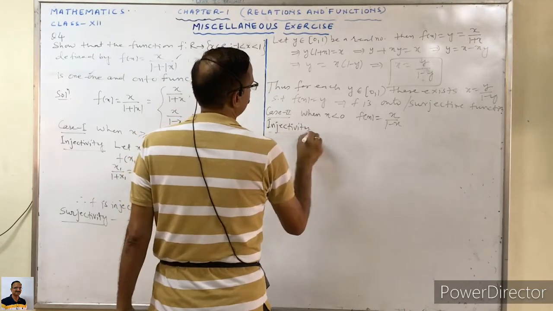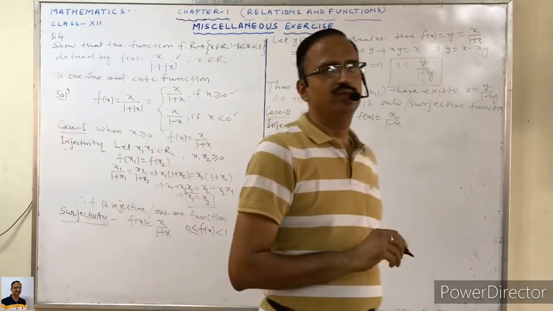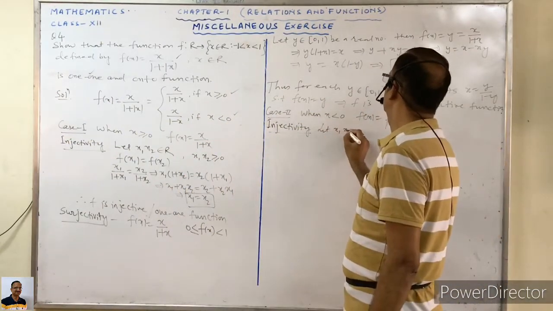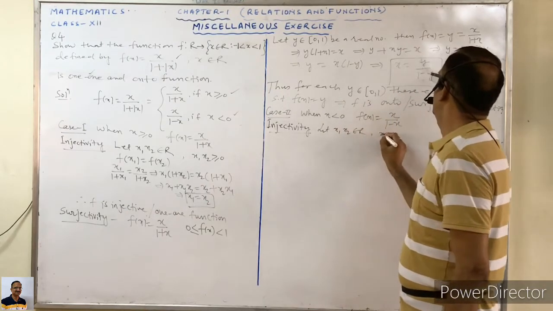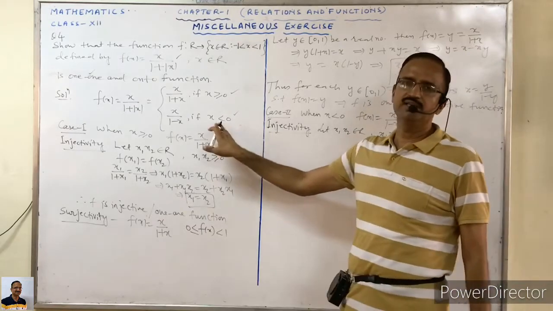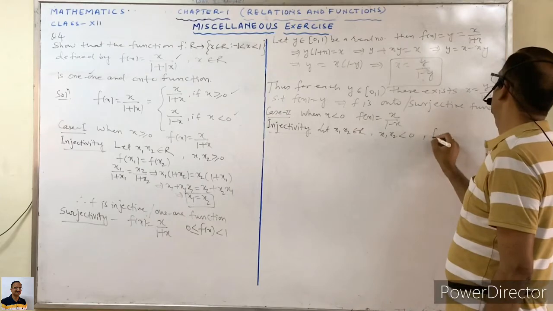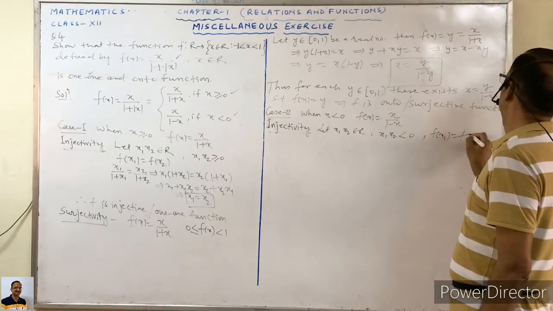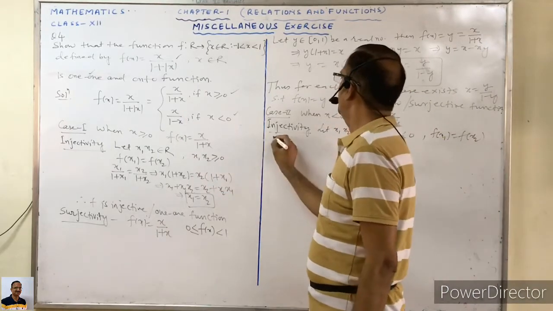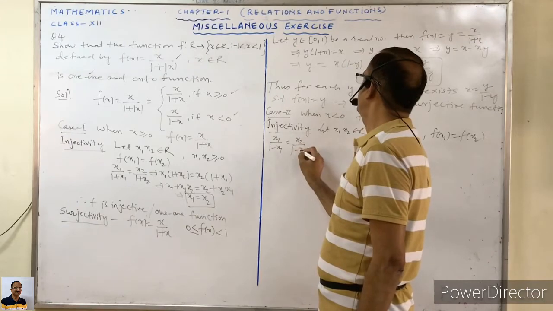By taking two elements x1, x2 belonging to R, both less than 0 because we are considering this case, we will start with f(x1) equal to f(x2). So we can say x1 upon 1 minus x1 equals x2 upon 1 minus x2.